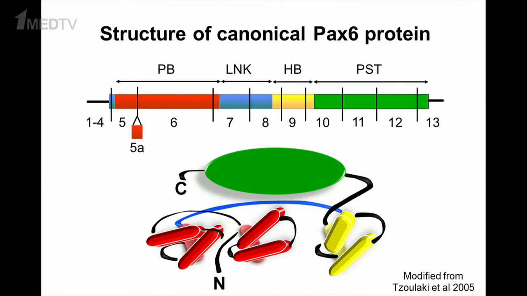And so there are three parts that we have to pay attention to. The red part and the yellow part both allow this protein to bind to DNA. The green part of the protein interacts with other proteins to help PAX6 do its job in the cell.